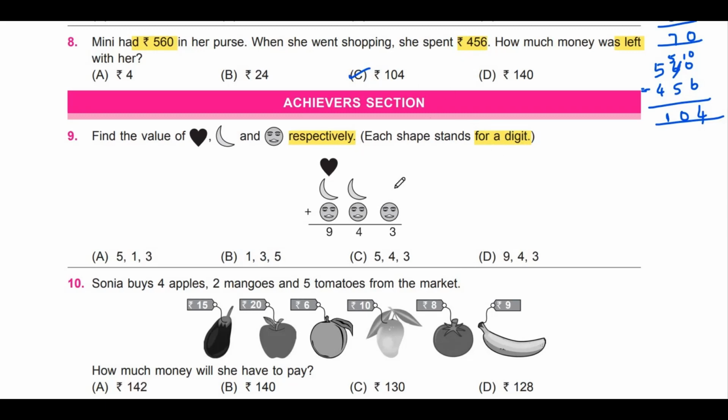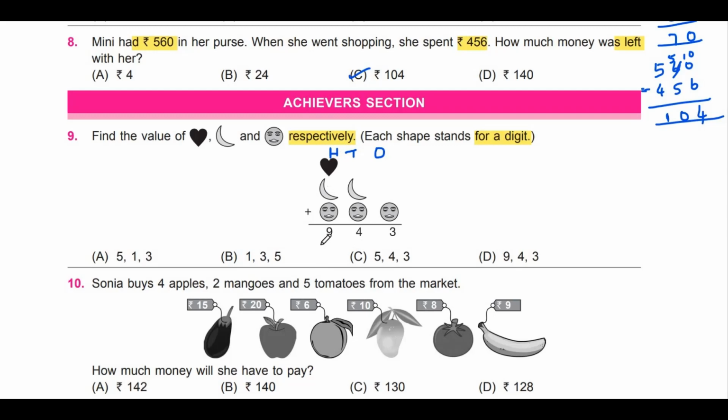So now let's see what is it. So here they have given heart and a moon and sun. Then there is a moon and a sun, and then there is a sun. The total is given as 943. So now how are we going to do? As we all know, we will start from the ones place. So this is our ones place, this will be our tens place, and this will be our hundreds place.